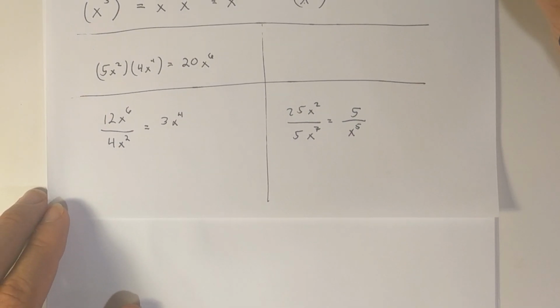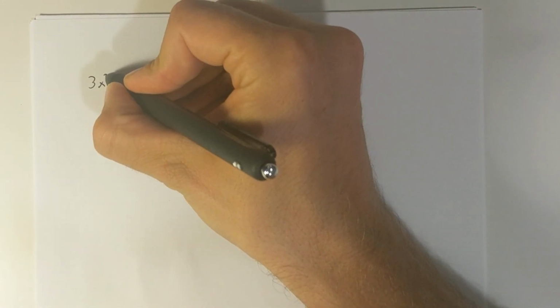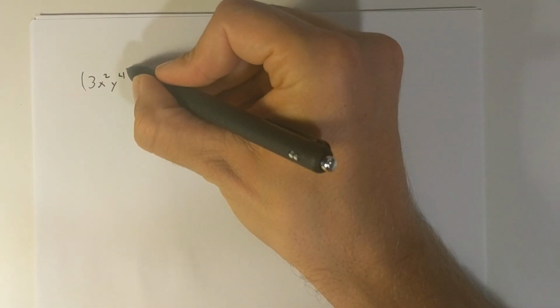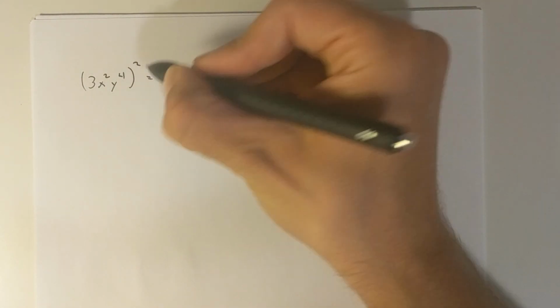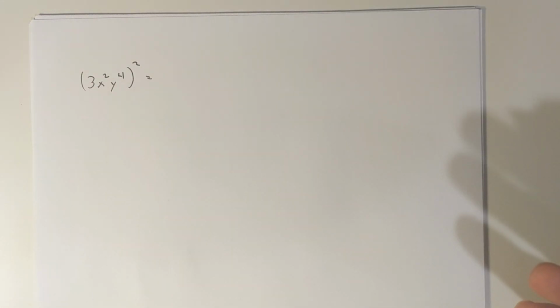All right, good. Let's do one more good example here. Let's do an exponential. Let's say I have 3x squared y to the fourth, and I am going to square it. If I square something, that means I multiply it by itself.